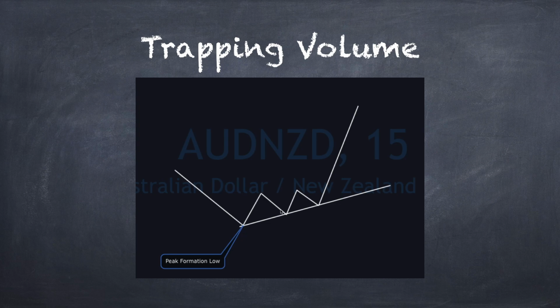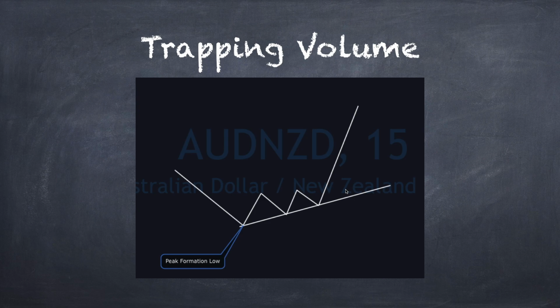But of course, every time they do that, they just trap more traders until they take off. This is basically them collecting contracts, but they do it in a way that makes more traders get in. So instead of spiking all the way down and making, let's say, a W, they're just moving up slowly, trapping volume until they have enough traders trapped, and then boom, they make the spike.